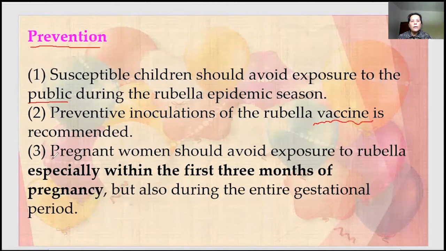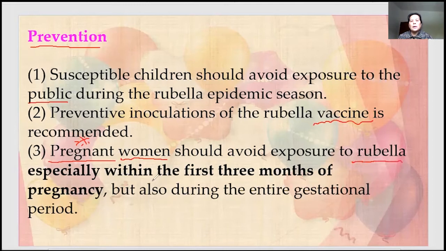And especially we're talking about pregnancy. We say this illness transmitted from the pregnant mom to the fetus will cause a severe situation. So be very careful if someone is pregnant. Try not to get the Rubella infection.